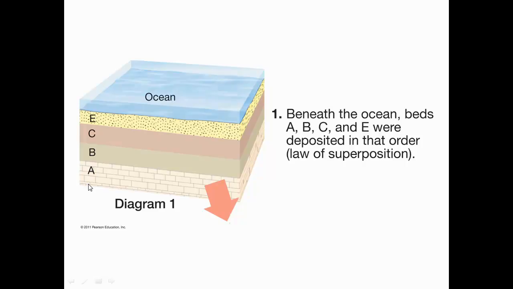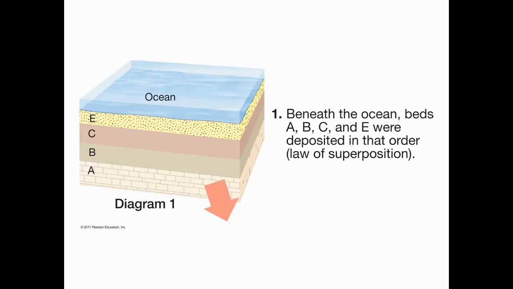Now we know at this point that A has to be oldest, followed by B, C, and then E is the youngest of this sequence. And this is basically just the law of superposition, where younger, horizontally layered rocks occur over older rocks. So that's stage one.